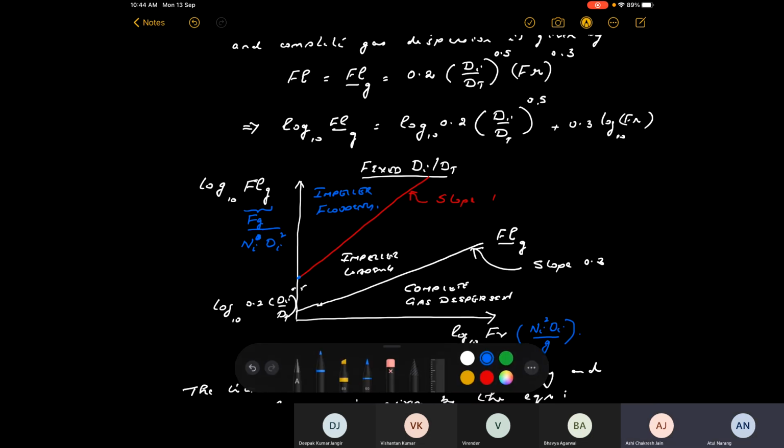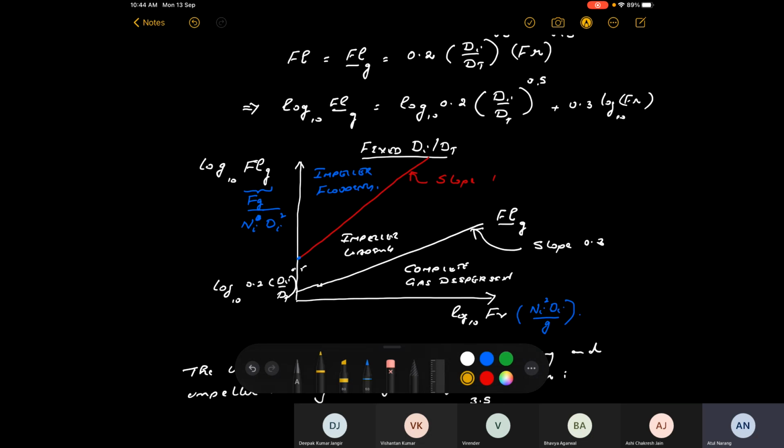Right? Can you see why? Basically, you are increasing f sub g at constant n sub I. That means this number FLG is increasing, but your Froude number is constant. So this is the path.